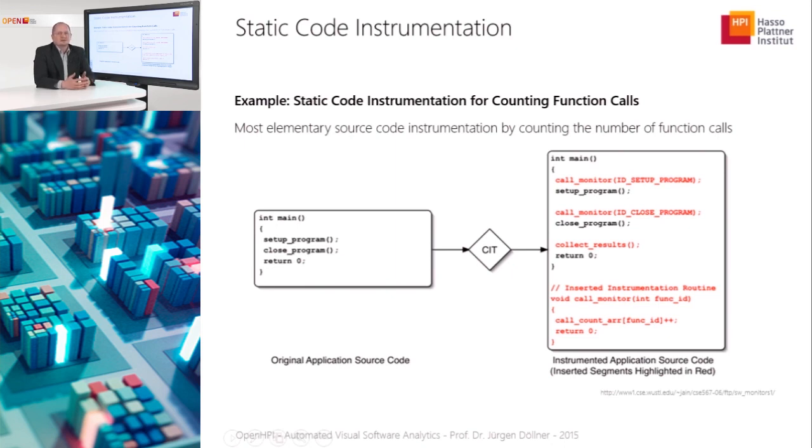Sometimes we can also retrieve this augmented version of the source code, but the variant on the right side is the one which is compiled for the augmented system. This is just the principle of static code instrumentation, and in practice there are many variants of this principle.